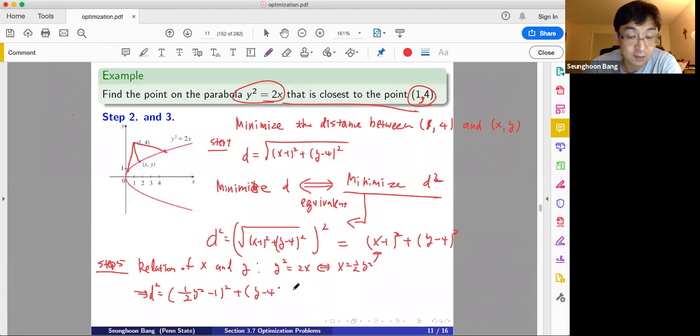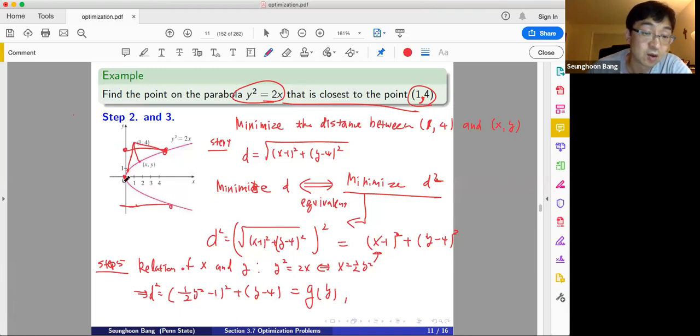This is like the function of y, like g of y. What's the domain? Domain is the corresponding y value. You can choose points here. The corresponding y value is this one. To this point, 0. To this point, this one.